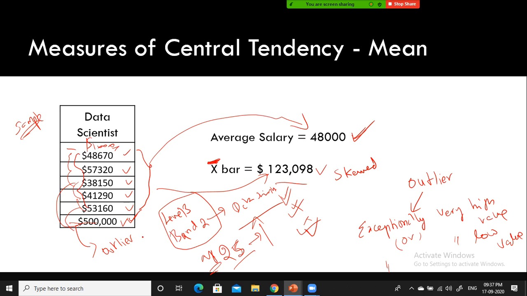But in this case, an unusually or exceptionally high value, and a very low value also, these are all called outliers. You understood, right?